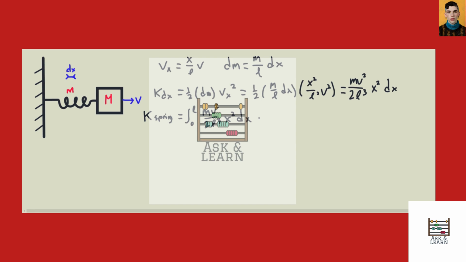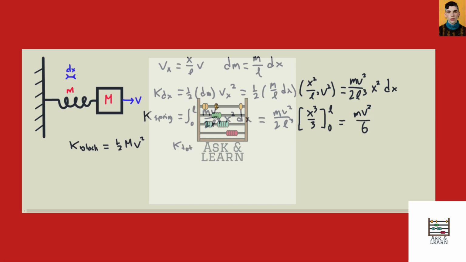And so that will give us mv squared over 2L cubed, and the result of our integral will be x cubed over 3 from L to 0, and that works out to little m v squared over 6. And K of our block is simply 1/2 capital M v squared.